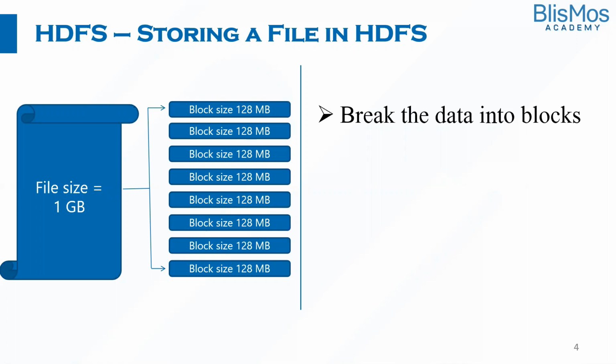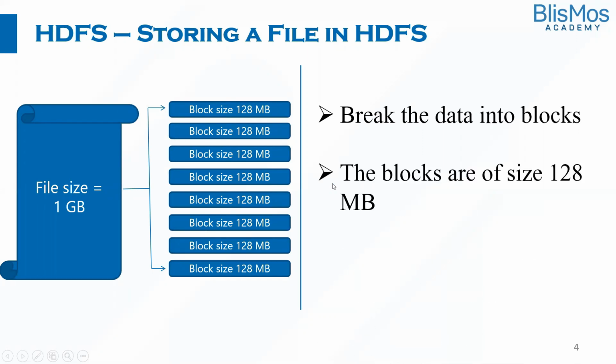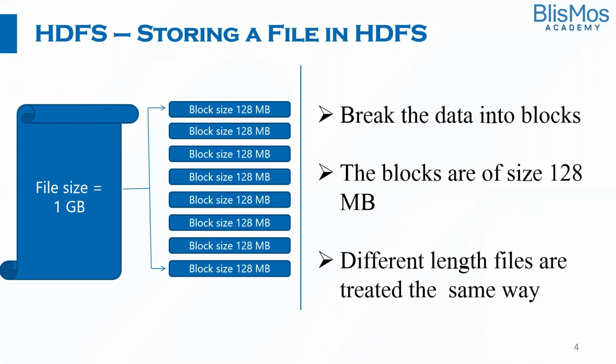We have already understood in the previous slide that any file would be broken down into smaller chunks or blocks, except that we are saying we are breaking this down into a block size of 128 MB. So why are we breaking this down into 128 MB? We'll see that. Apart from that, we also store files of different lengths in the same way.